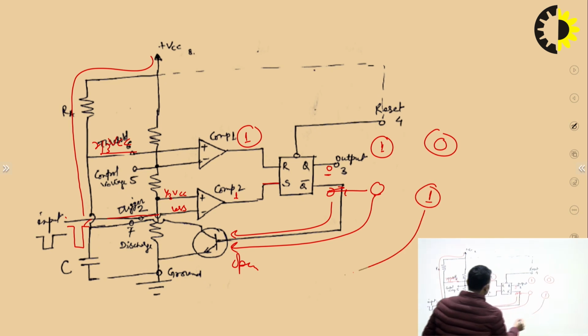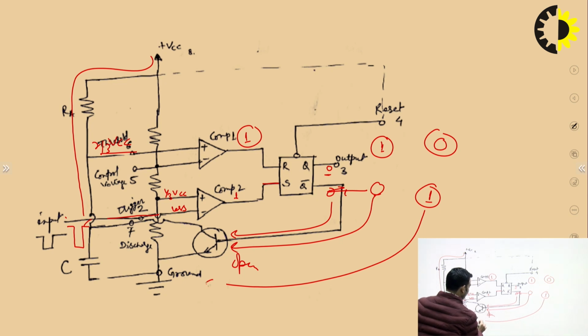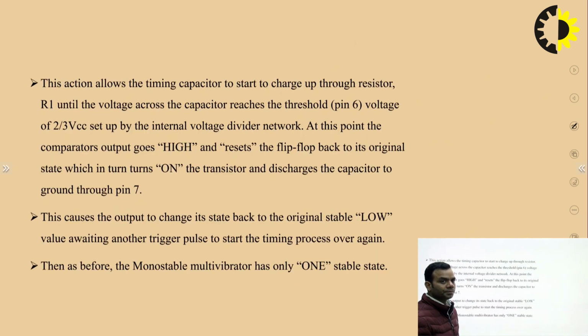So when it is 1, this transistor will become short circuited. Then this capacitor will start discharging by following this path. When the capacitor discharges, the voltage across the capacitor will decrease, and again you will get the stable state. So this is how the monostable multi-vibrator works.